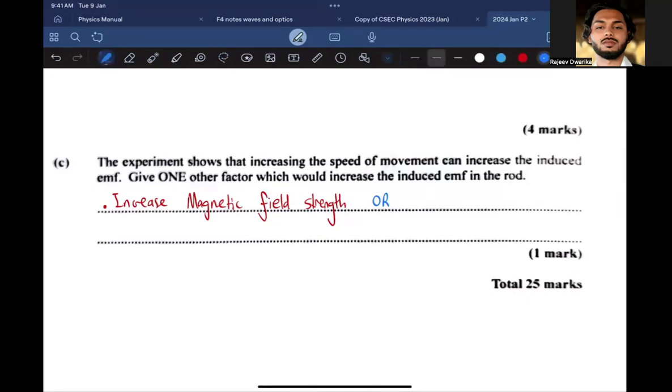Jadon, here's what I'm saying: if I make the rod bigger, when I move it, more of the rod cuts the magnetic field, and because there's a change in magnetic field, the EMF is going to be more. So you can either increase the magnetic field strength, or you can increase the cross-sectional area of your rod.